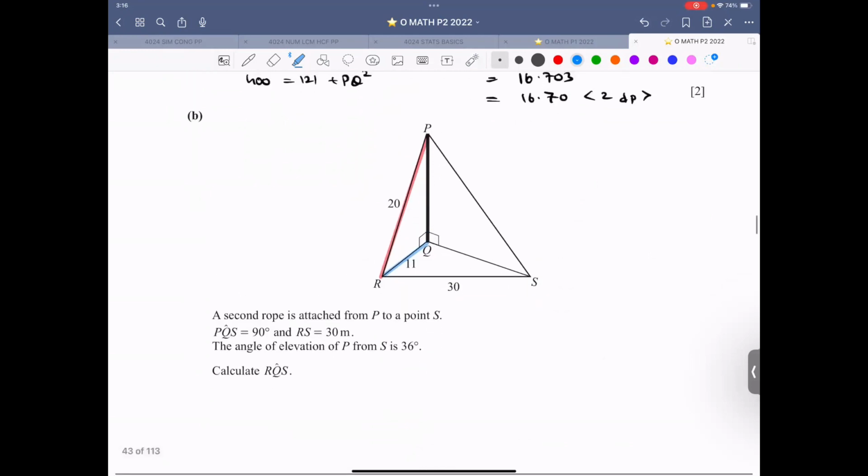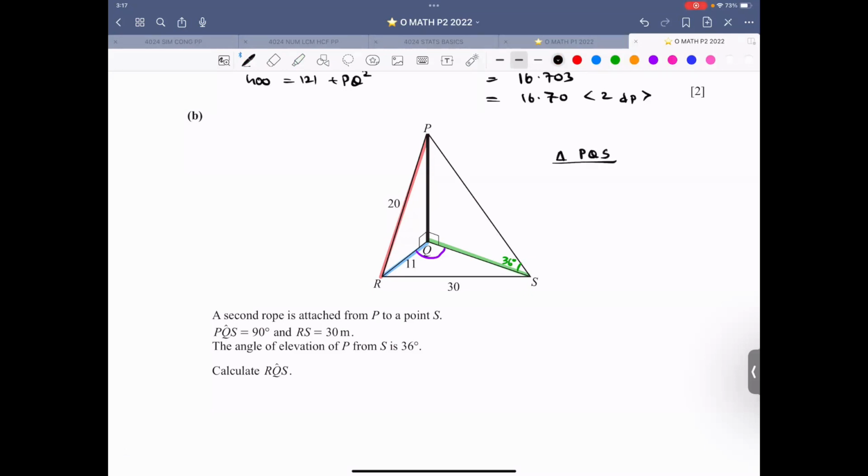The angle of elevation from P to S is 36 degrees. So this angle is 36 degrees. Calculate RQS. So they are interested in finding this angle, which is not 90, RQS. Now, before that, let me label this thing. That is QS. Can I find QS? Yes, I can. So first focus on the triangle PQS.